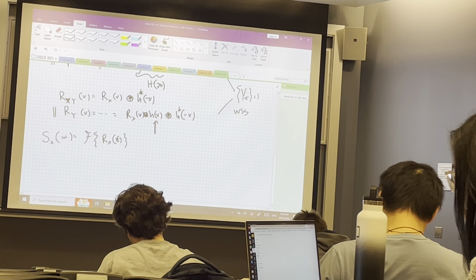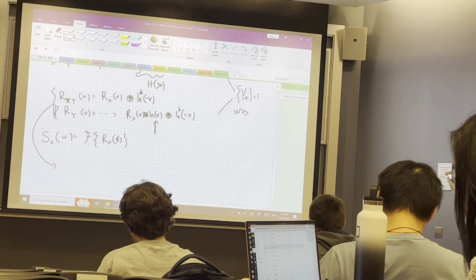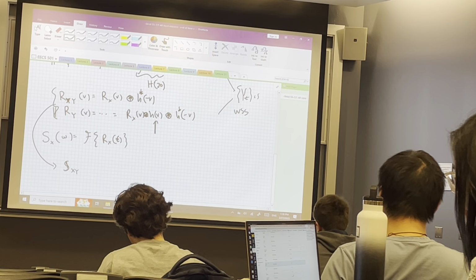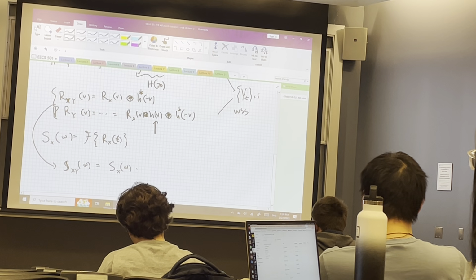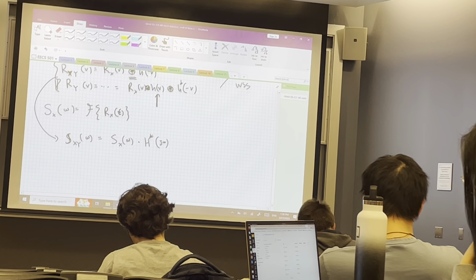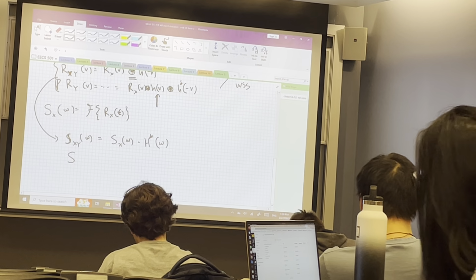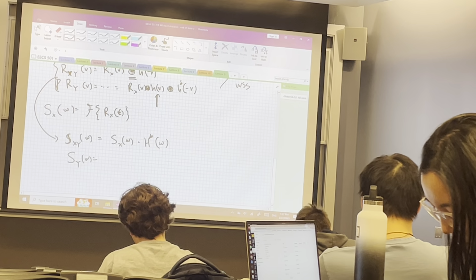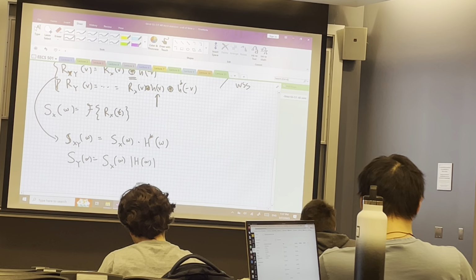And from all these results, we got the following: Sxy of omega is Sx of omega times, since convolution in the time domain becomes a multiplication in the frequency domain, H star of j omega here, and Sy of omega is Sx of omega times the magnitude of H of omega squared.